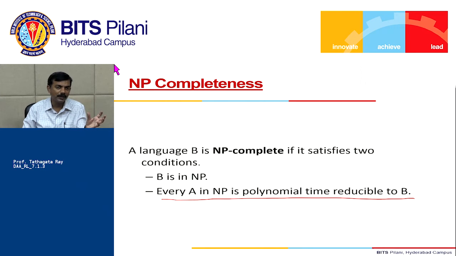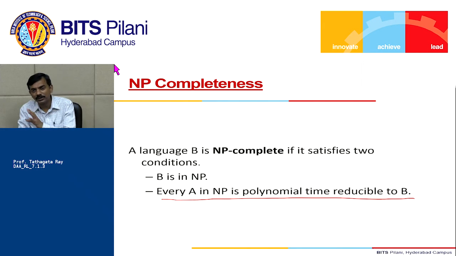I choose any problem in NP, and then there will be a polynomial time reduction to this given problem B. What is the intention here? I took a problem A and I am trying to judge how tough B is compared to all these problems in NP. So I take this problem A, spend some polynomial time and convert this problem A into this problem B.